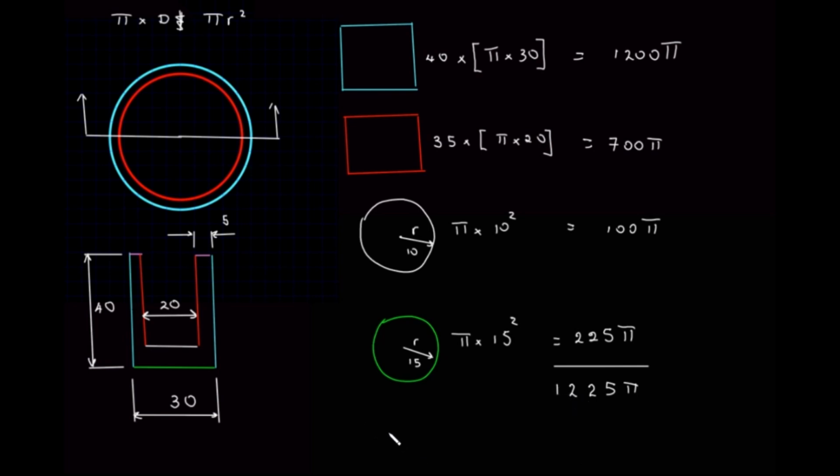So the total area is 1225 times pi units squared. That is an exact value. Convert that into decimals and introduce an error.